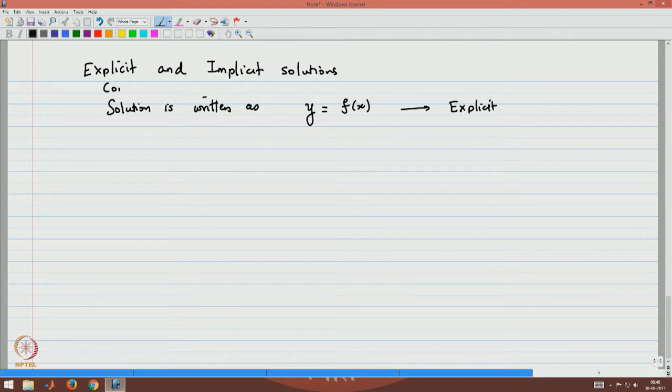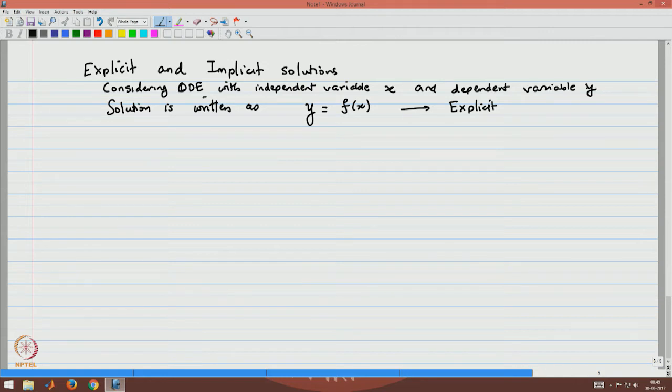Here we are considering an ODE with independent variable x and dependent variable y. So, when you can write y on the left hand side and equal to some function of x, it is an explicit solution.